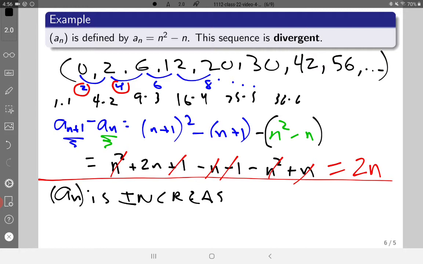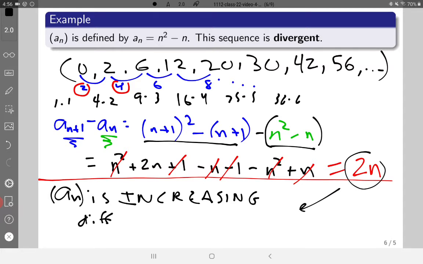It's always getting bigger. Because I can even see here the difference between the next term and the one before it, a_(n+1) minus a_n, is always positive. That's what increasing means. It's getting bigger.